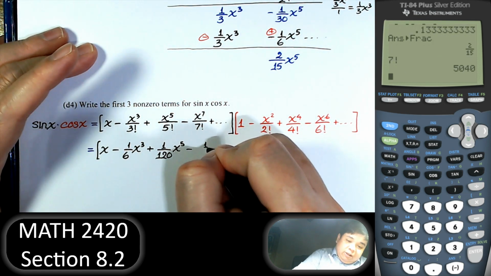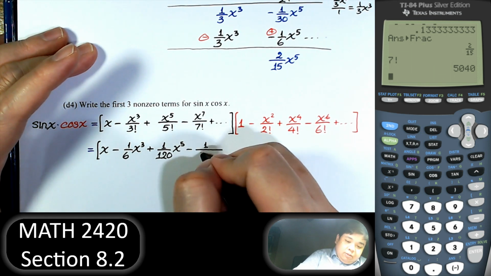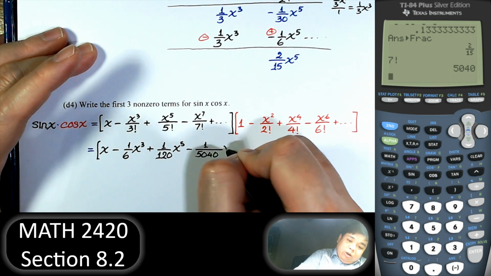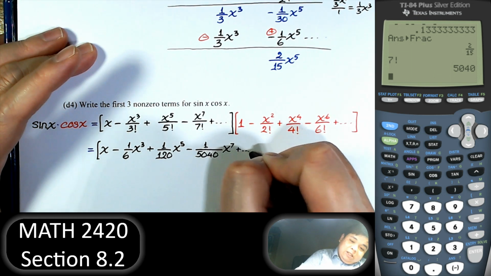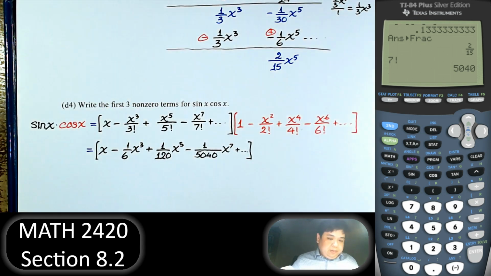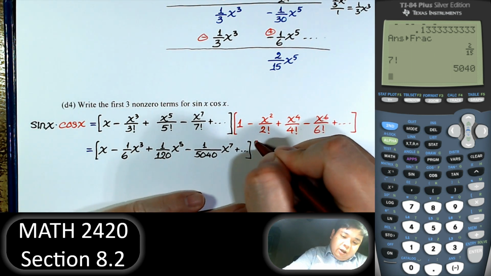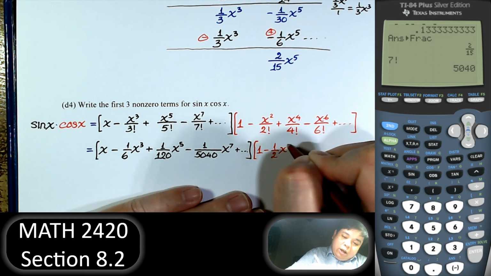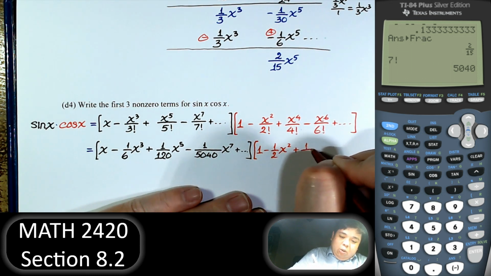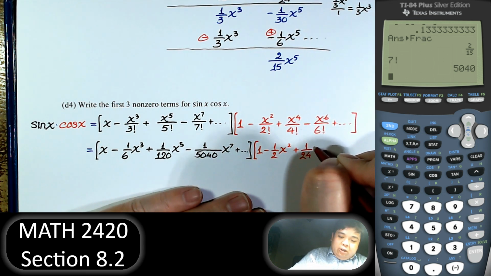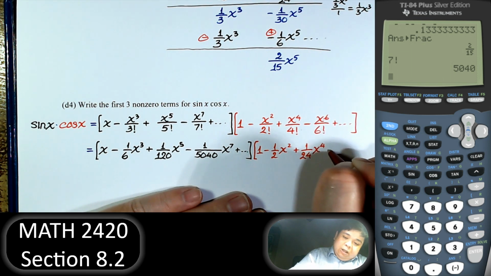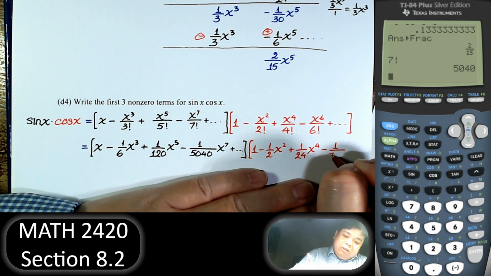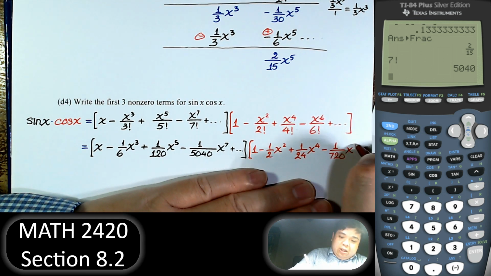That's what we have. Hopefully we don't need to go this far. Right, 1 minus 1/2 x squared, 4 factorial 24, 6 factorial 1 over 720 x to the 6.